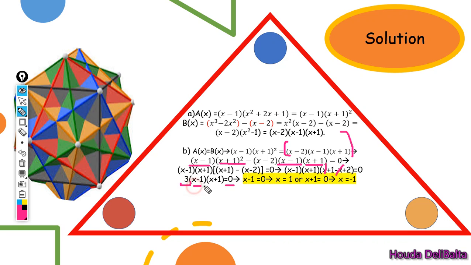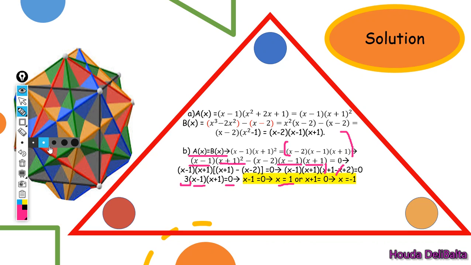We just take x minus 1 equals to 0, means x equals to 1, or x plus 1 equals to 0, which means that x equals minus 1. And thus, 1 and minus 1 are the solutions of a of x equal to b of x. These are the solutions of this equation.